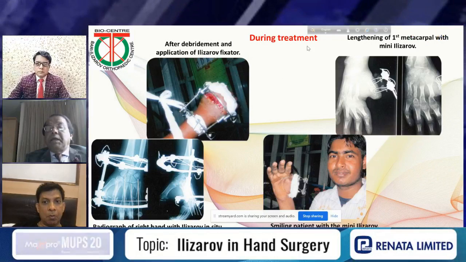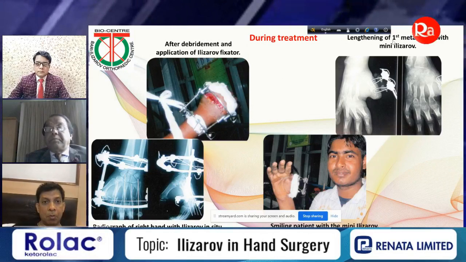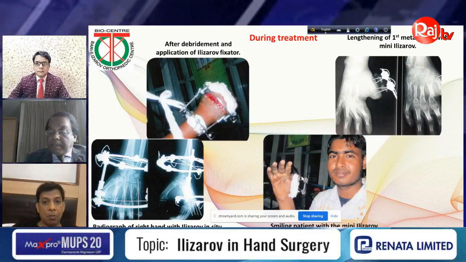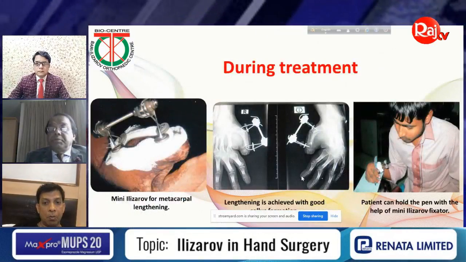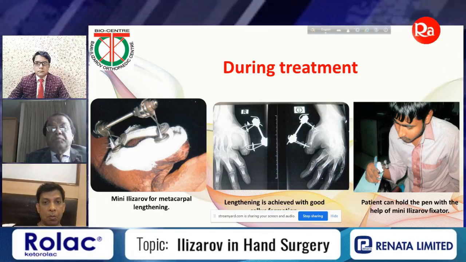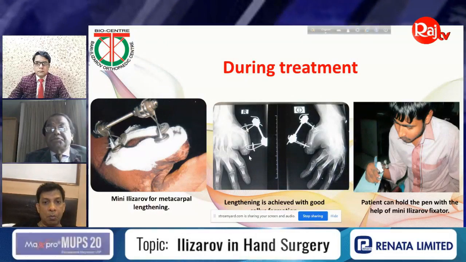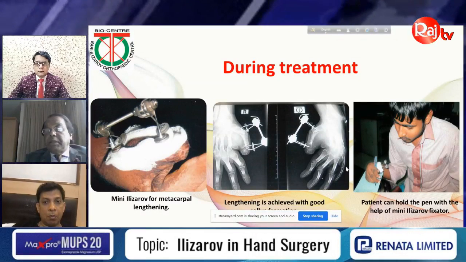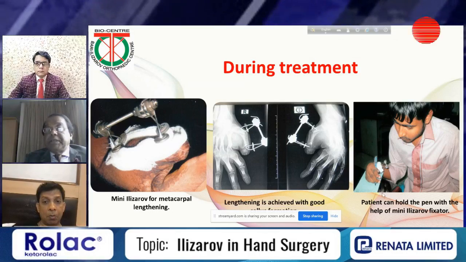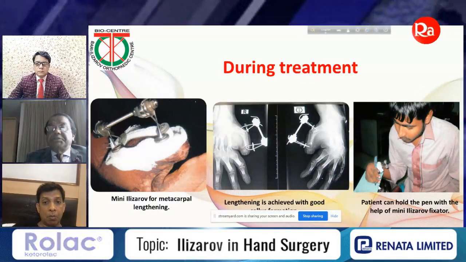And then I went for lengthening of the thumb because the thumb was amputated when he came to my center. And then I lengthened this one this way. This is one situation. In another situation, you can go for lengthening, and the patient can hold a pen with the help of the mini Ilizarov fixator. And this is the view.